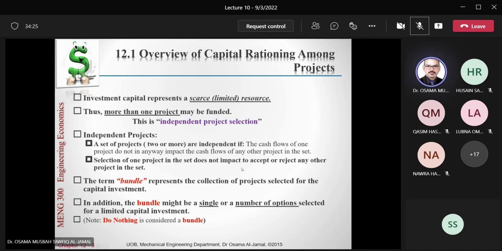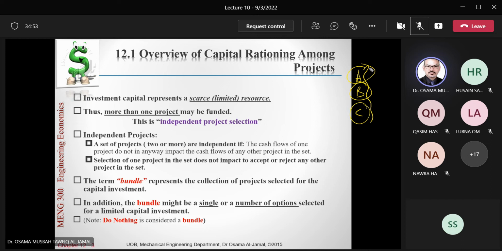The selection of one project does not affect the selection of the other project, until we see what will happen. Okay, we have different projects, say project A, project B, project C. Let's say those three projects that you are going to select based on certain calculations, based on a procedure that we are going to see in a while.